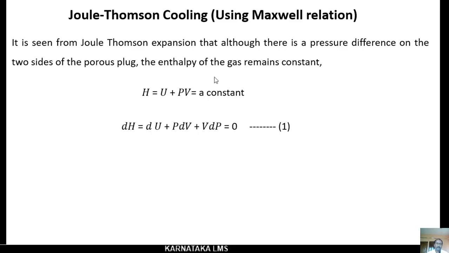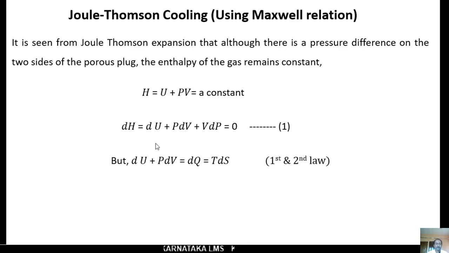On differentiating the above equation, we get dH equals dU plus P dV plus V dP, which is equal to 0. That will be equation 1.